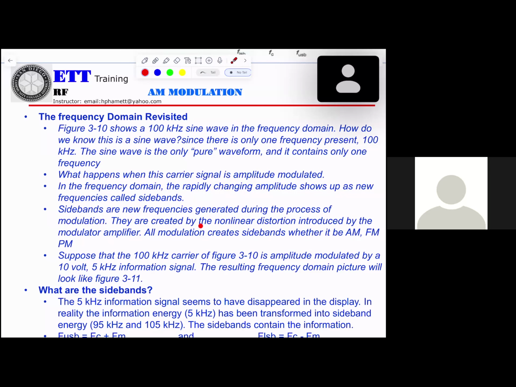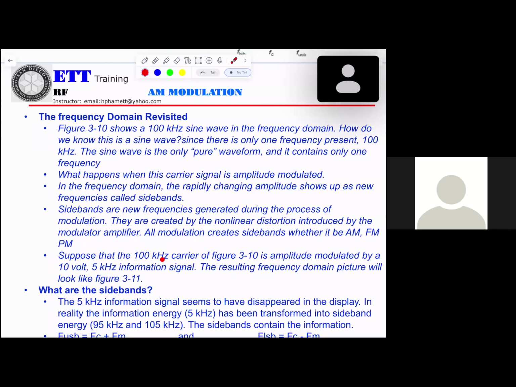They are created by the non-linear distortion introduced by the modulator amplifier. All modulation creates sidebands, whether it be AM, FM, or PM.